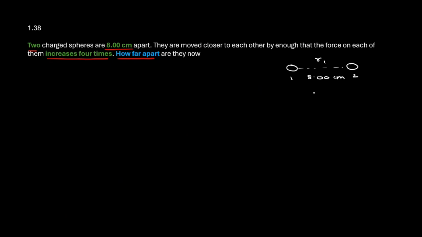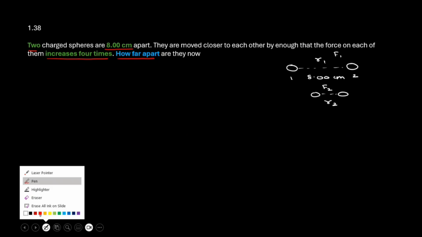And when they are brought closer to each other, let's say the distance now is R2, the force between them increases 4 times. So if we took the force between them initially to be F1, in the second scenario we will take that force to be F2 when they are brought close to each other.